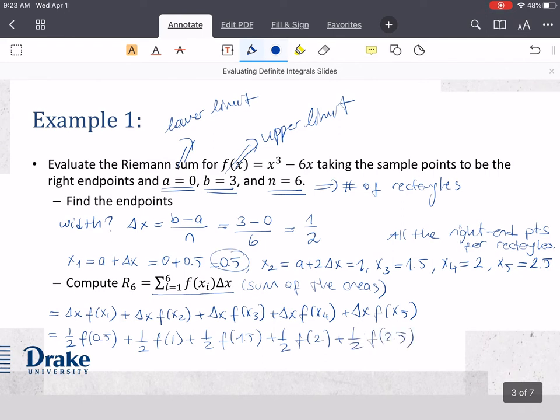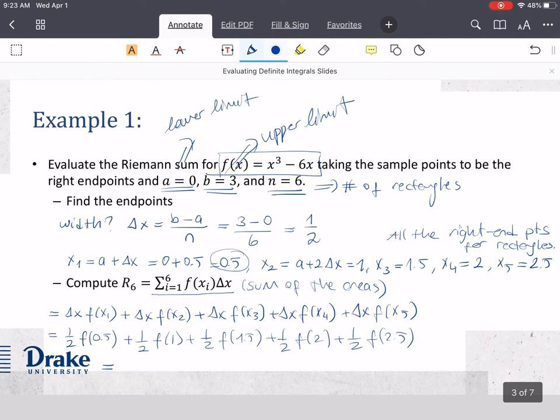And because we know what the function looks like, f of x is x cubed minus 6x, all of these heights for the rectangles, so f of 0.5, f of 1, we can easily calculate those. So when you calculate those, you will be getting a bunch of numbers. So I'm not going to do that calculation.